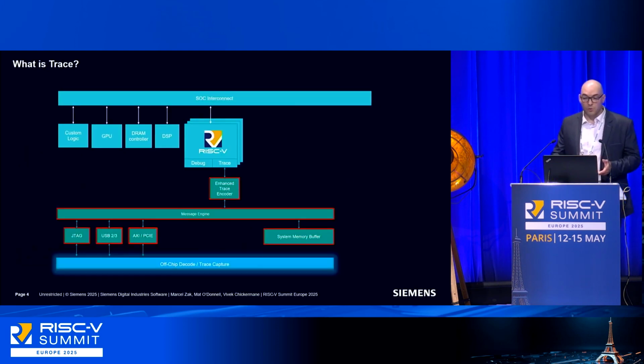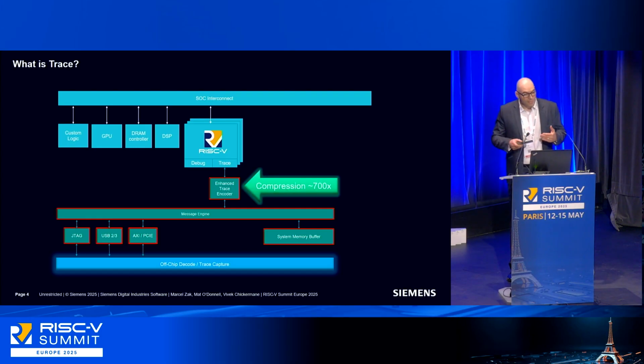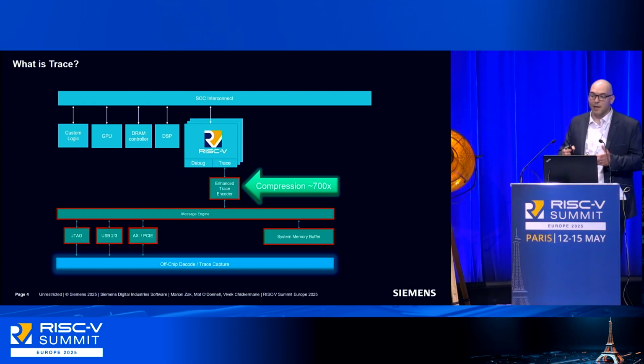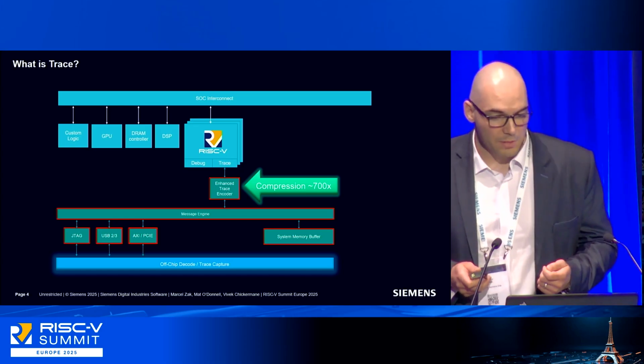This diagram shows you where the magic happens. It's a two-part system, hardware and software working together. On the chip side, we have the encoder, hardware that captures processor activity. But since we can't send all this data off the chip due to bandwidth limitations, the E-Trace standard specifies a powerful compression technique that reduces the data by approximately 700 times.